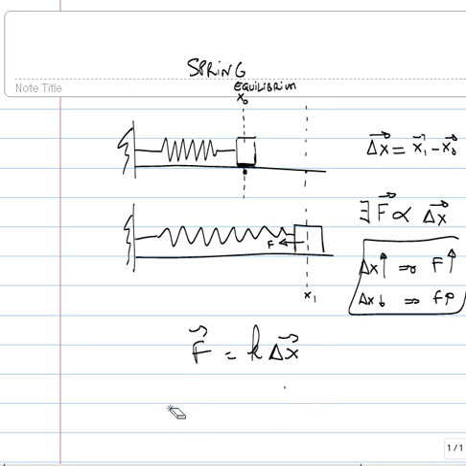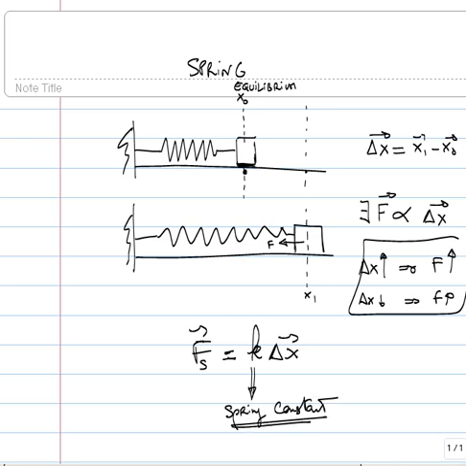So this is how the force due to a spring, which I will write Fs, is usually defined. It's directly proportional to how much you stretch it, multiplied by a particular number, which we will use k to represent, and k is known as the spring constant.